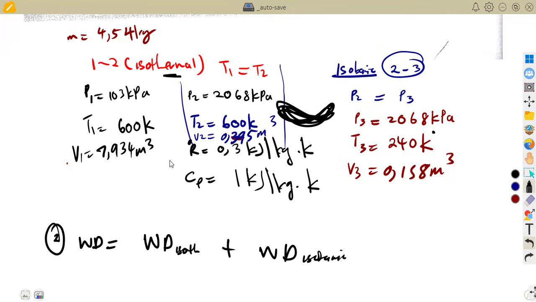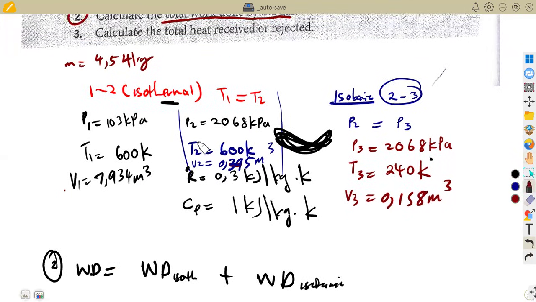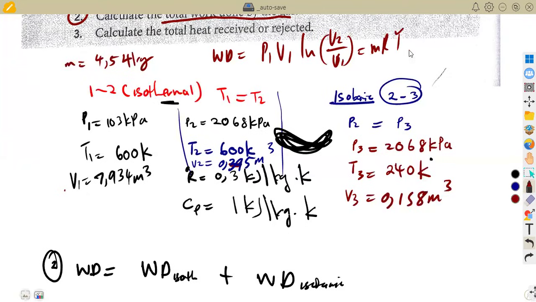So the isothermal process, how do you calculate the work done? Remember, go back to your formulas. Under isothermal, we listed a lot of formulas there for work done. With P1, V1, the ln of V2 over V1, which gave us mRT1 into the ln of V2 over V1, which is equal to mRT1, and so forth, ln of P1 over P2. So you choose which one you can use.